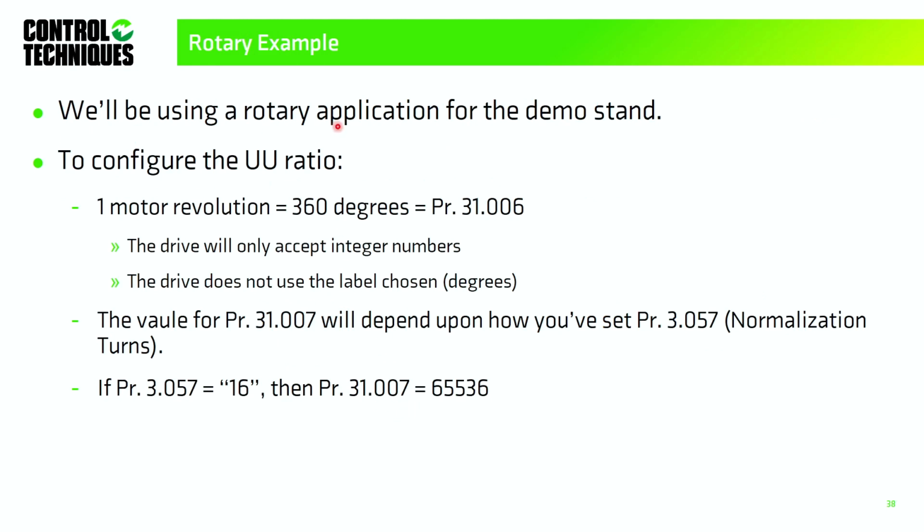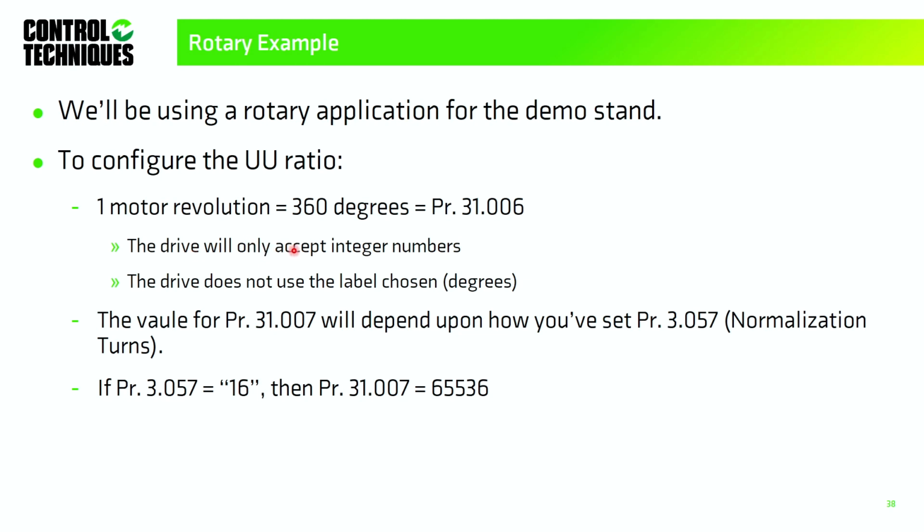Now on my little demo stand, we're going to simulate our rotary application. So to configure the user unit ratio, one motor revolution is 360 degrees. And unless something's changed, that's what I'm going to do. So 360 is what I want in 3106.